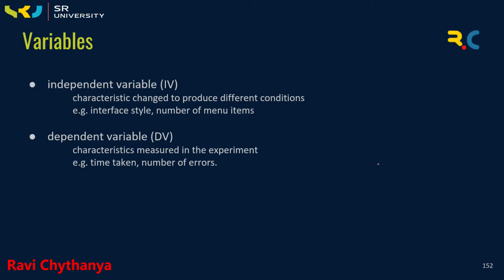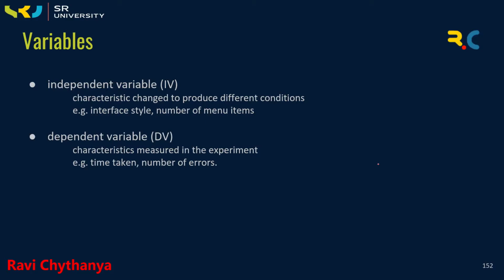observable on its own. Characteristics changed to produce different conditions: interface style, number of menu items, and all these things. And the dependent variable is what is measured in the experiment: the time taken, the number of errors, the usability measure, and the functionality of the system. All these are dependent variables.